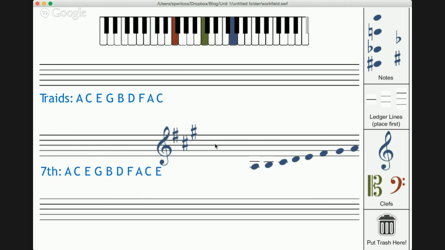The relative minor is F sharp minor. So let's just go ahead and move everything up. F sharp, G sharp, A, B, C sharp, D, E, F sharp. Now this is a natural minor scale.